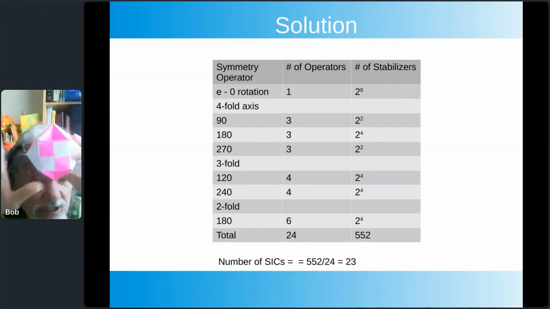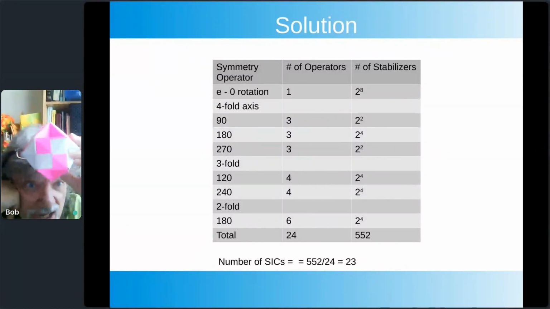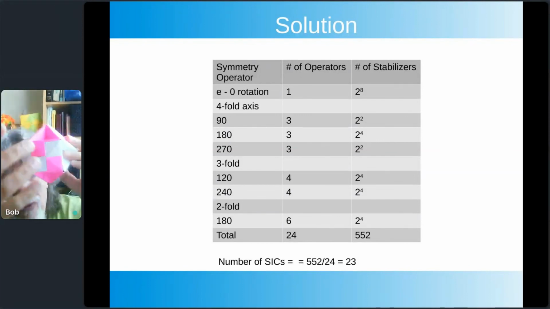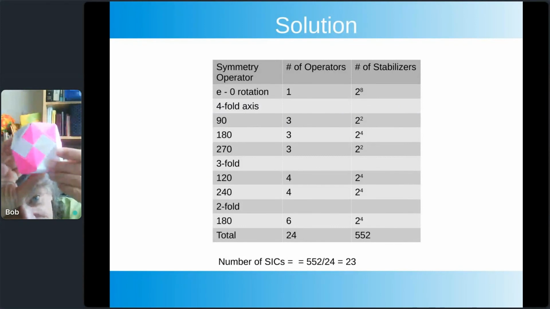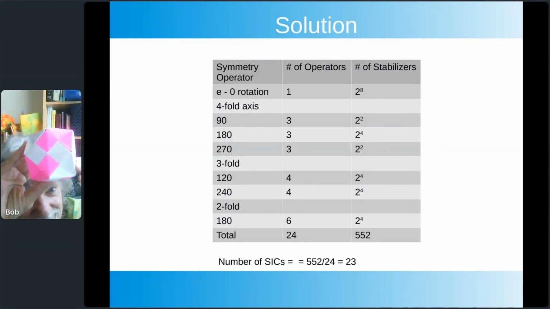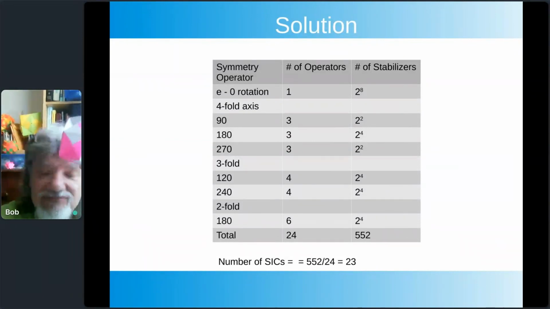I'm not worried about color at this point. That would be another theorem. So all 4 of these guys have to be the same. And all 4 of the ones on the back, if I flip the thing over, would have to be the same. So a number of ways I can get 4 vertices the same and 4 vertices the same. There's only 2 of them. And since there's 2 options, it's 2 to the second.